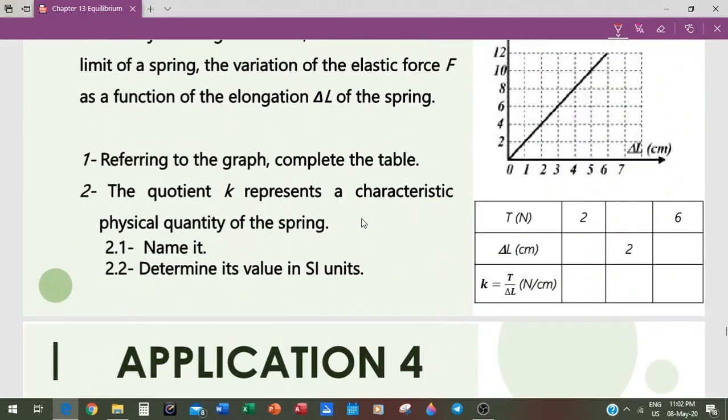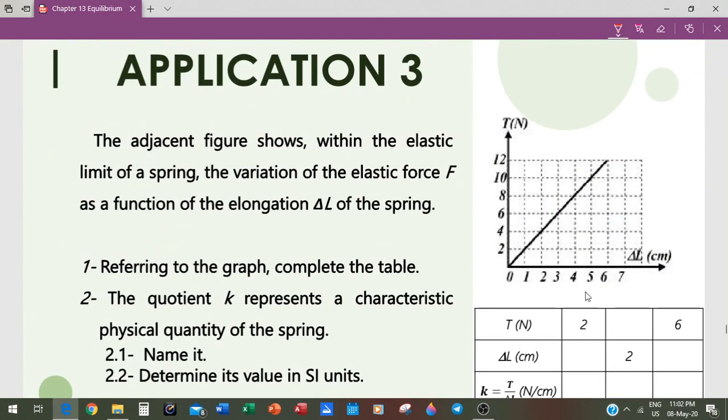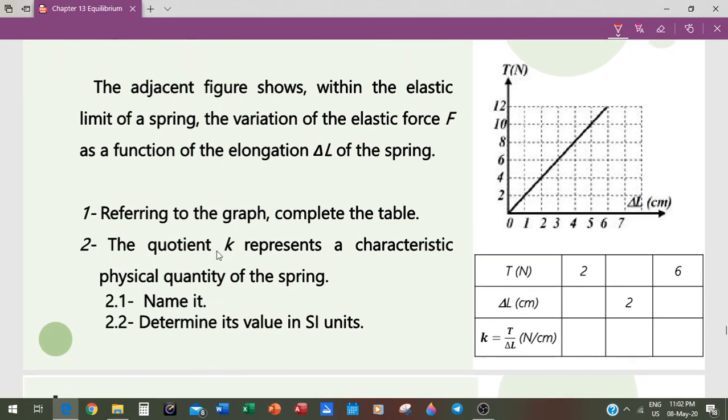In this application, we have the variation of tension as a function of elongation, or the calibration of the spring. Referring to the graph, complete the table. The quotient K represents... Let's complete the table. When tension is 2, the delta L is 1 centimeter.